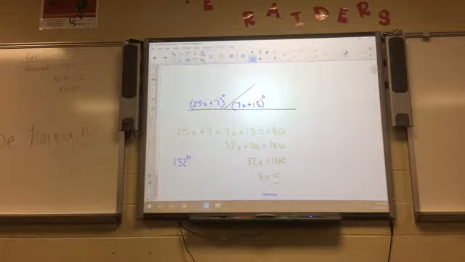Now, first period did make the comment, and they are correct partly. They said I can now take 180 minus 132 and get my other angle. True. I'm going to recommend that you don't do that. Does anybody know why? It's just a recommendation. It should work usually, but why might it not always work?